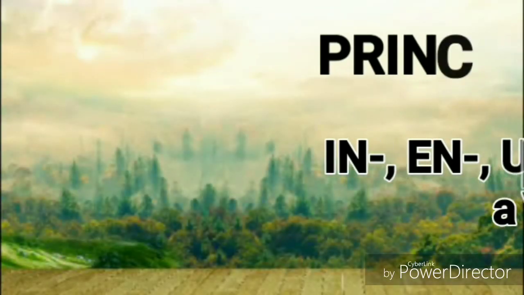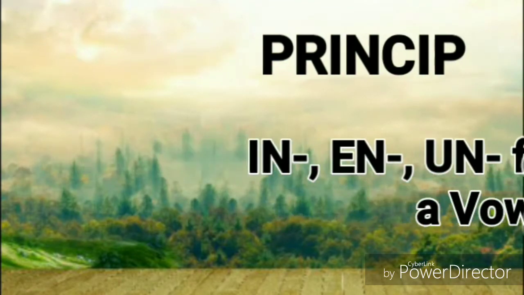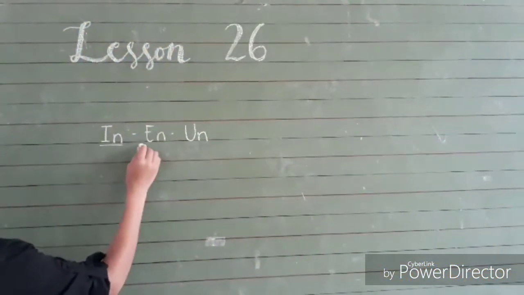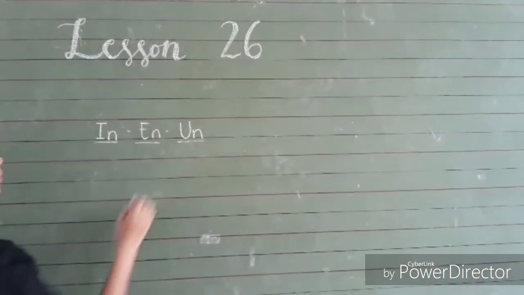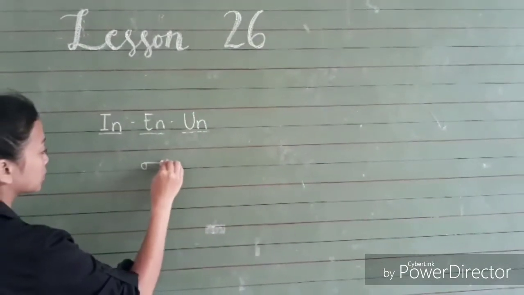Principle number 3. When in, en, and an are followed by a vowel, they are written in full. In, en, and an are written in full when they are followed by a vowel.